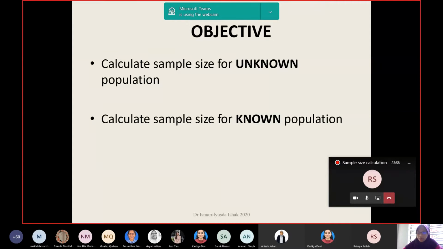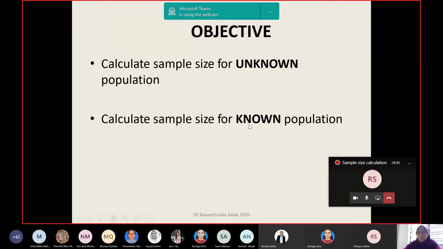Alright, for the objective, we have two types of calculation. One is for unknown population, another one is for known population. Unknown population is like when you want to study about obesity in Malaysia. For the population in Malaysia for obesity, maybe you cannot get the real number, because the number that you get from the government maybe does not cover everybody.